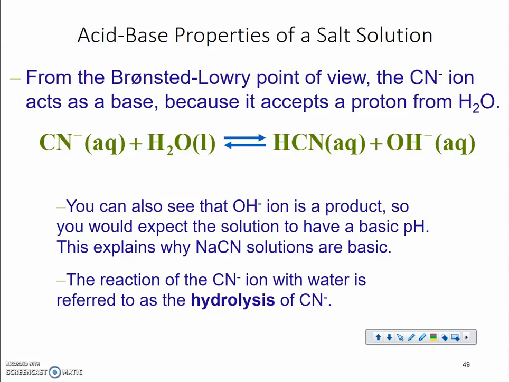We want to see what the products are going to be. Typically, anything that has a negative charge, you're going to add hydrogen to it. If it has a positive charge, you're going to add hydroxide to it. Because OH- is a product in this case, that is a basic substance, which is why these solutions are basic.